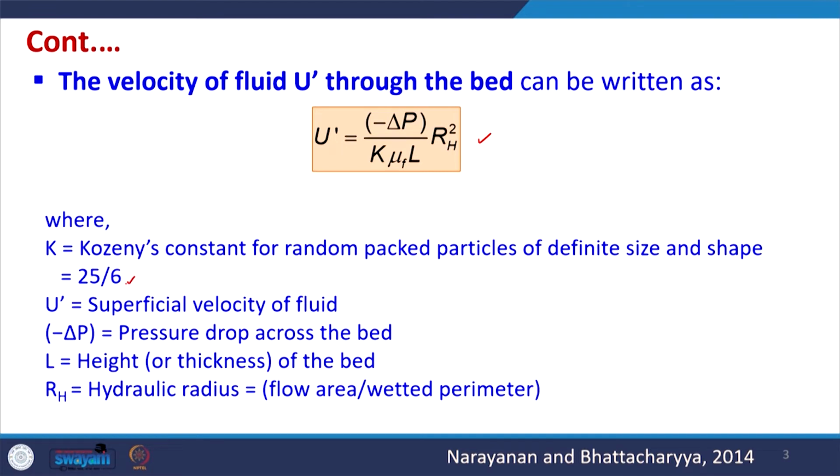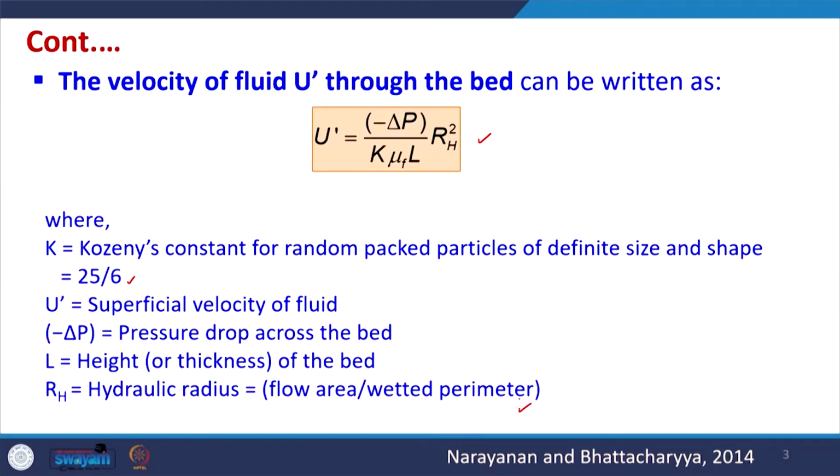So, remember this. Similarly, u dash is the superficial velocity, delta p is the pressure drop across the bed, and L is the height or thickness of the bed, and R h is the hydraulic radius that we already studied in the previous lectures.